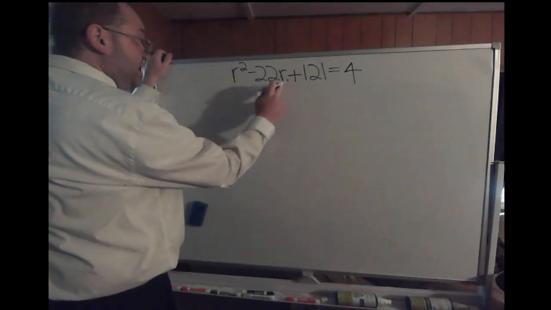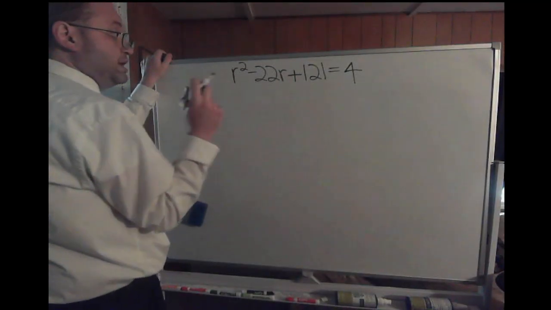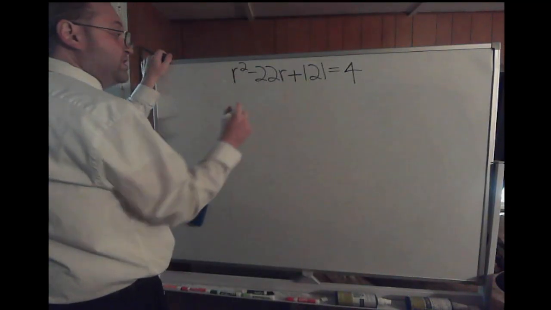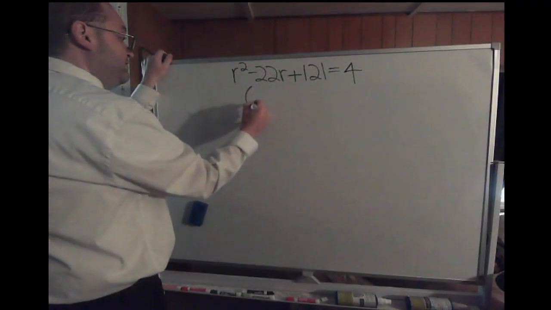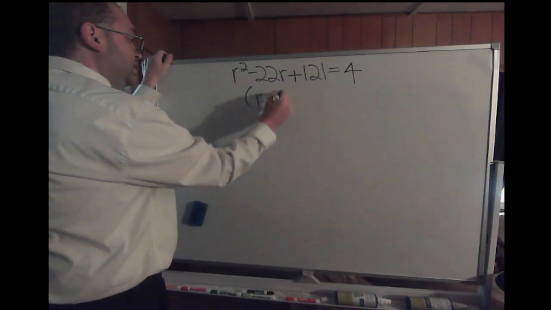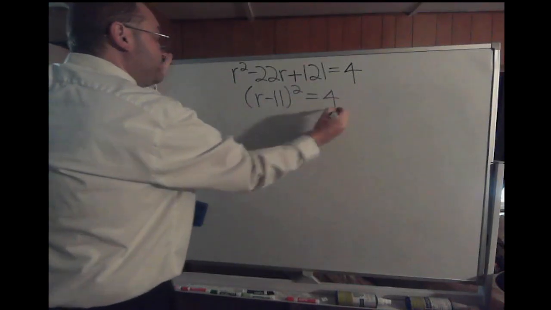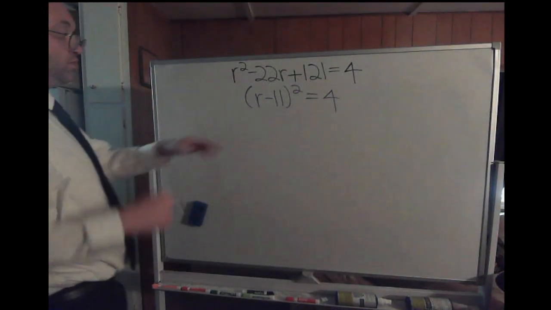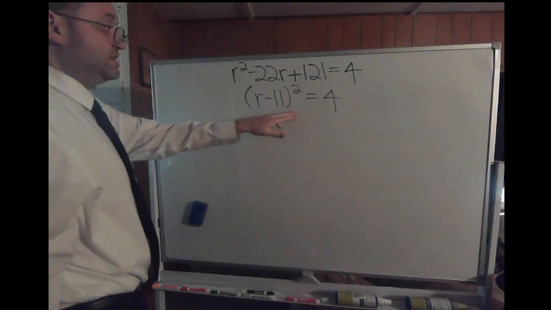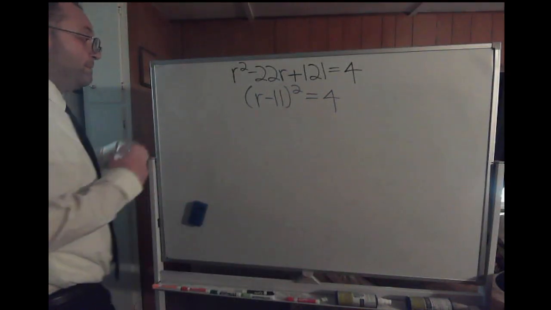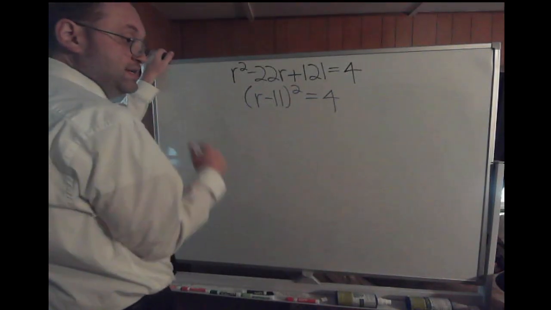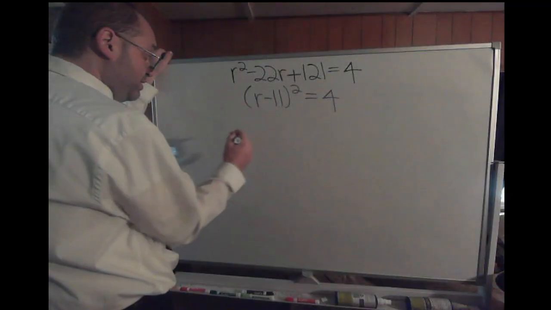Well, r squared minus 22r plus 121 is a perfect binomial square that factors into r minus 11 to the second power. That would equal 4. So now we have the quantity r minus 11 to the second power equal to 4.